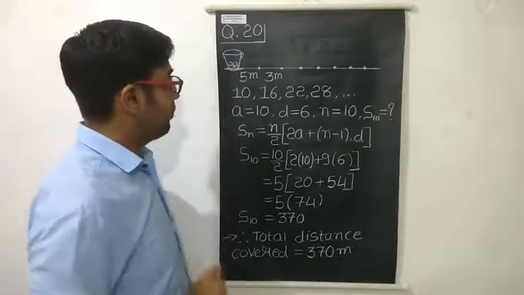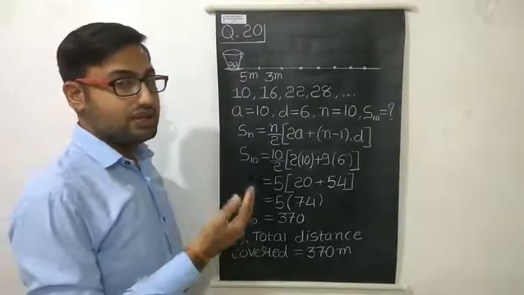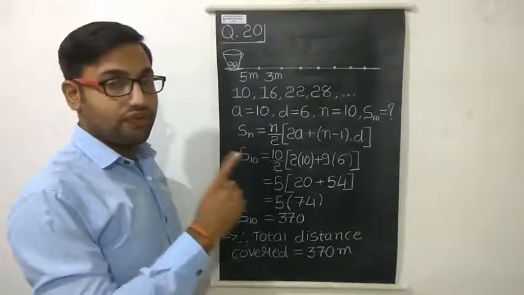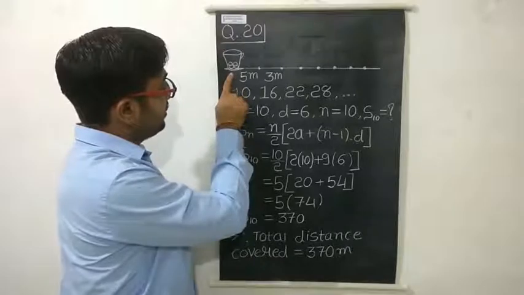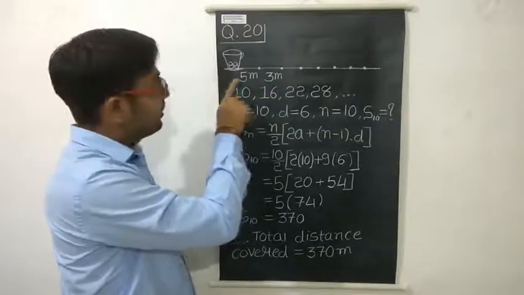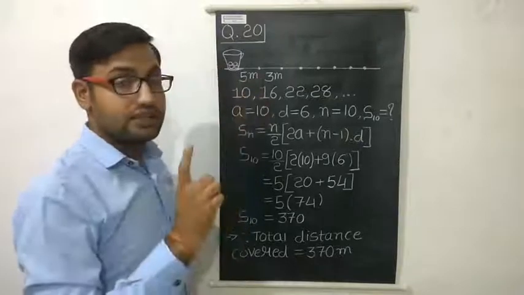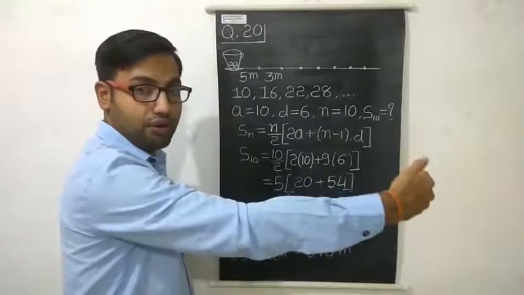Okay, so first of all we have to consider how much distance she will run the first time. See, this is the starting point. If she goes to pick up the first potato and runs back, the total distance she covered is 10 meters. The first 5 meters is to pick up the potato.